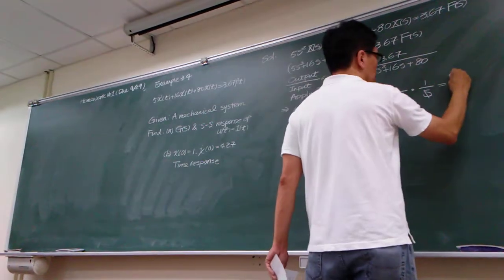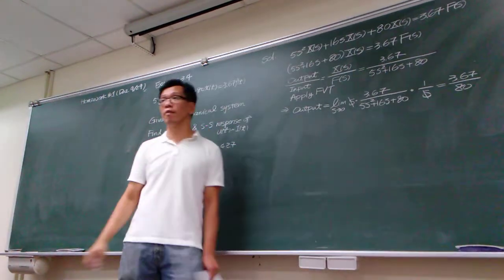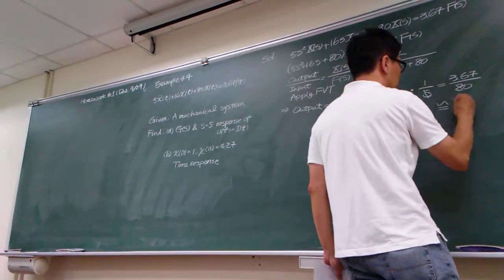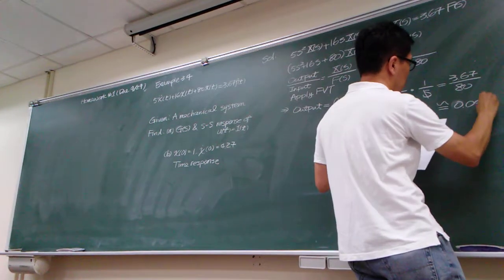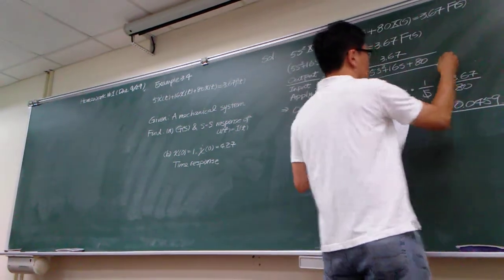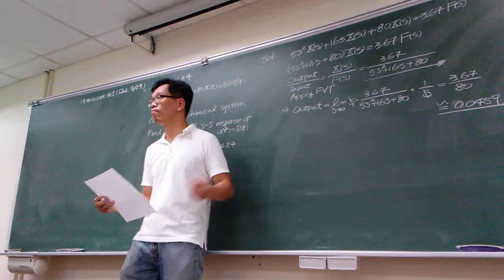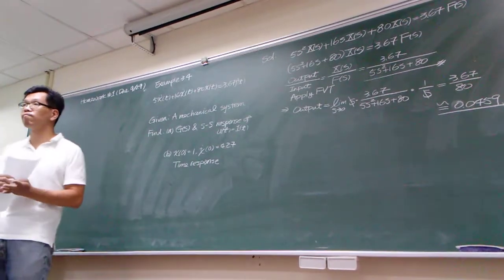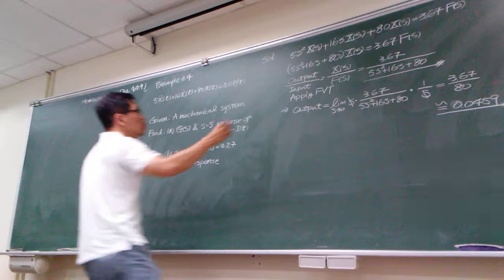So essentially, I'm going to have 3.67 divided by 80, or the final value is that it will be stable at this. This is my answer. And this is my answer too. Any questions? Okay, that is my part A.